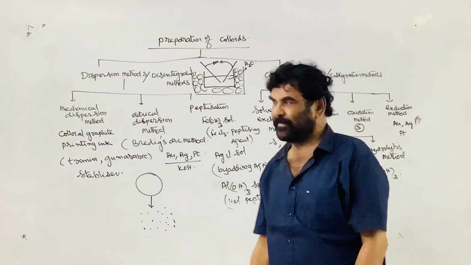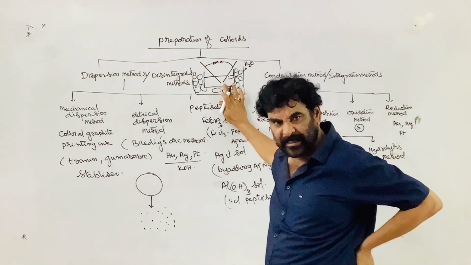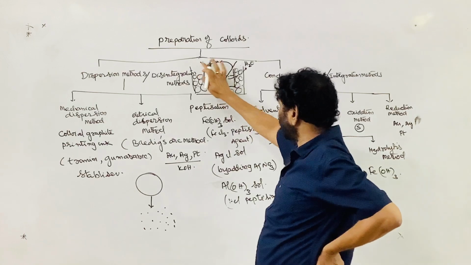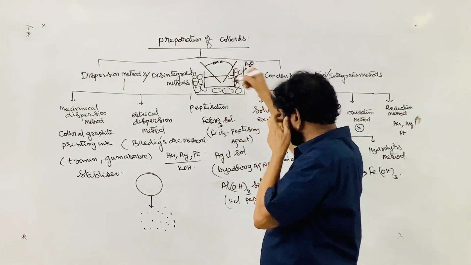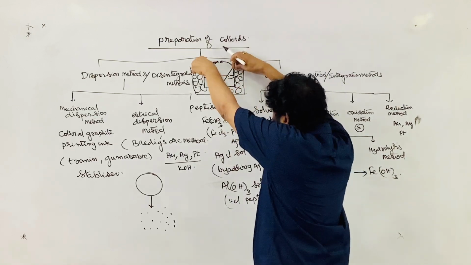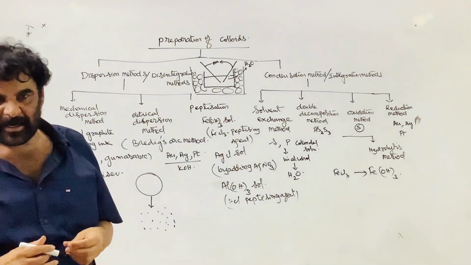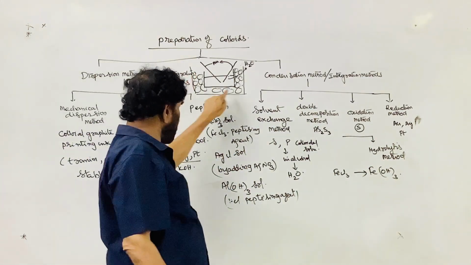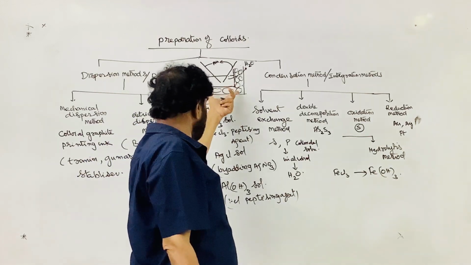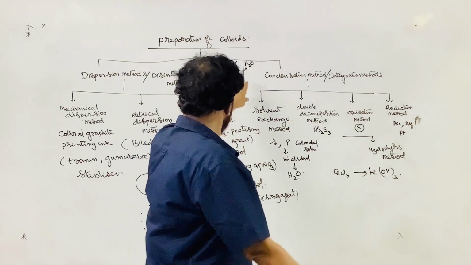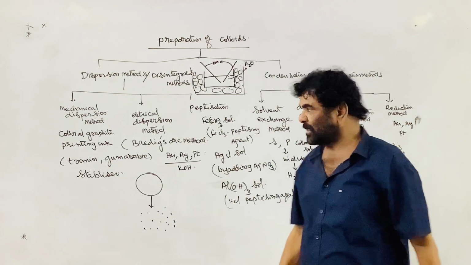So this is the original container with water which acts as a dispersion medium. Two gold rods are immersed in it, and this container is placed in another bigger container containing ice. The ice cools and maintains the low temperature conditions.